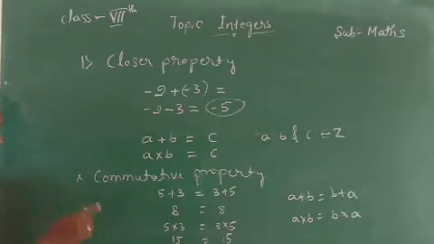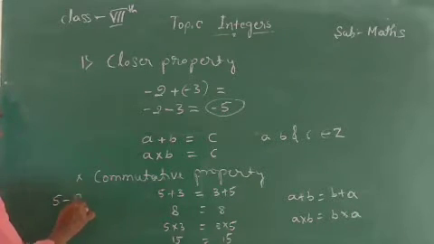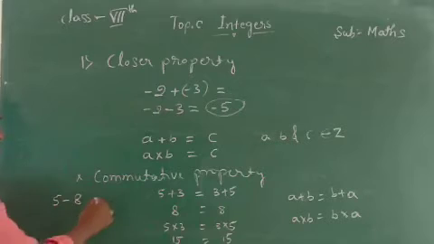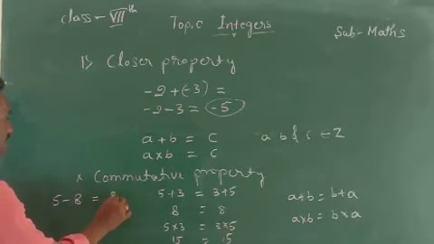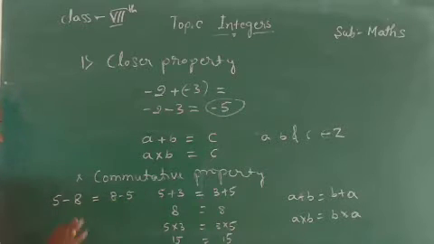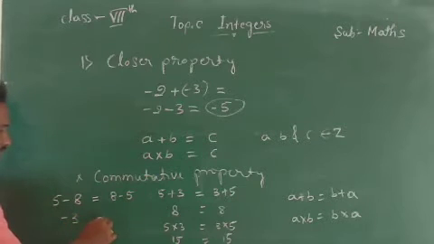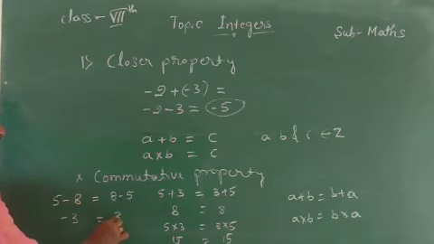Why? Because, taking two integers, for example, I will take 5 minus 8. If I change its order and write 8 minus 5, 5 minus 8 gives us -3 as the answer, and 8 minus 5 gives us +3.